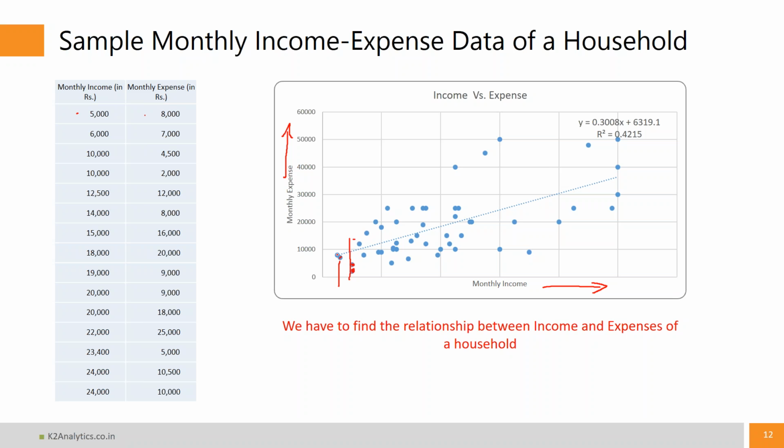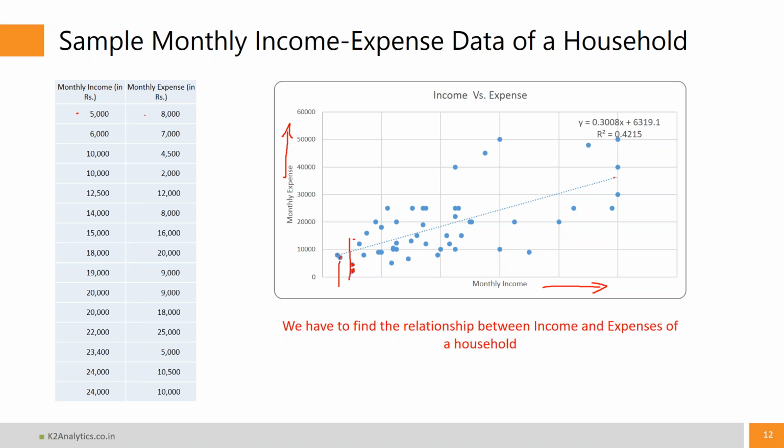It's quite possible. Some people live lavishly, some people live slightly conservatively, right? So what we are trying to do is build an equation which is a line of best fit.